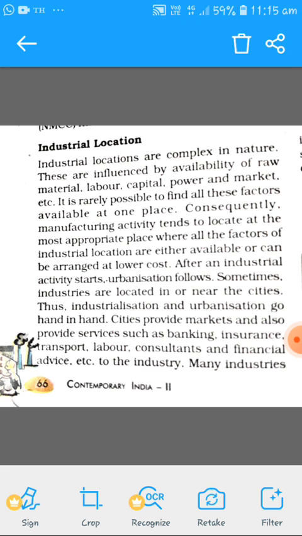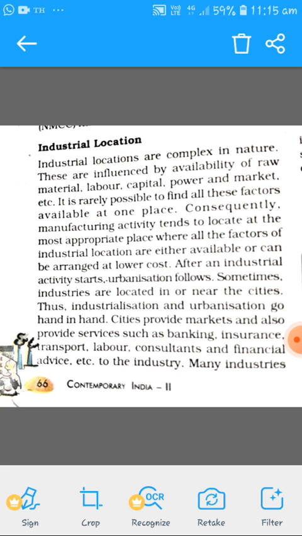So it means that industries are located in that area where there is availability of all raw materials, or maybe some raw materials can be arranged at a lower cost. And whatever raw materials are bulky, which cannot be arranged in that area, the industry is set up there.